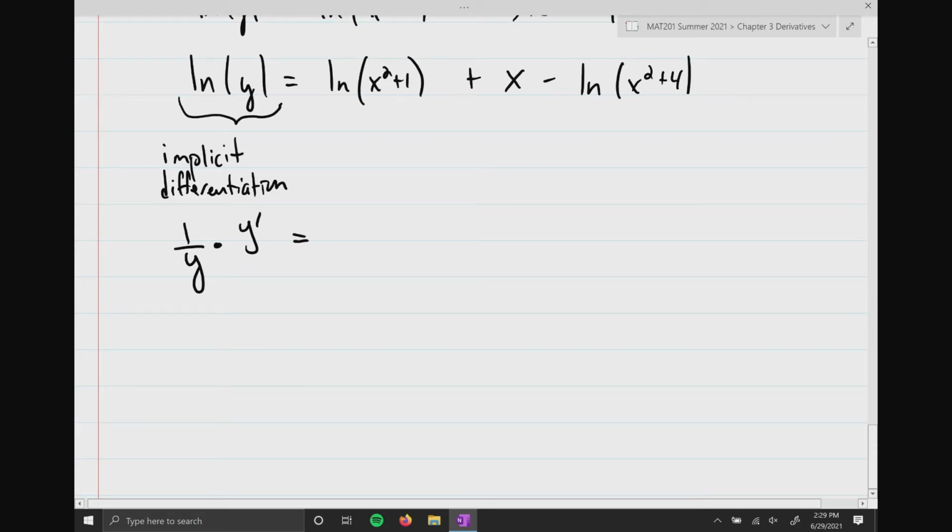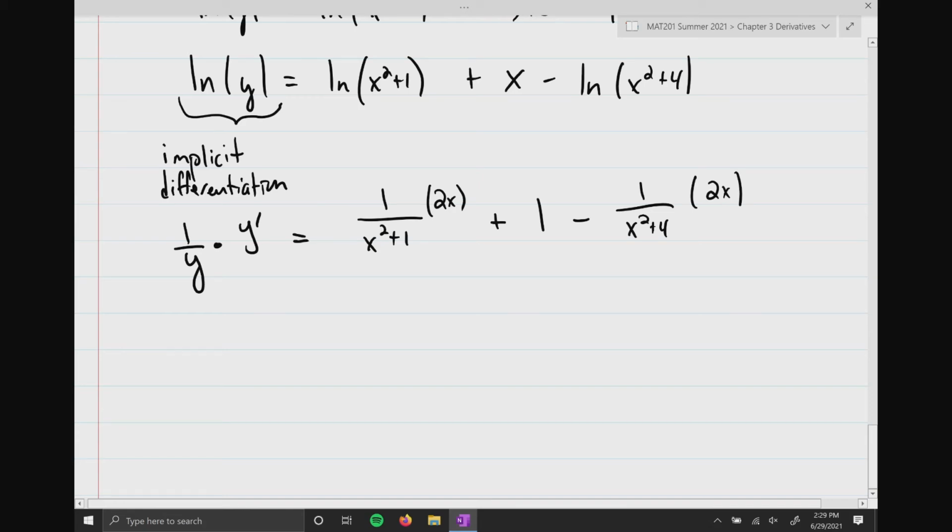The derivative of the natural log of x squared plus 1 is going to be 1 over x squared plus 1 times 2x, plus the derivative of x, which is just 1, minus the derivative of the natural log of x squared plus 4, which is going to be 1 over x squared plus 4 times 2x. Remember, you're going to use your chain rule there.